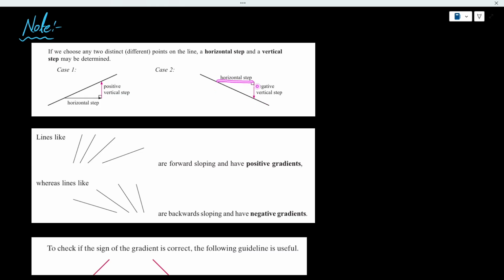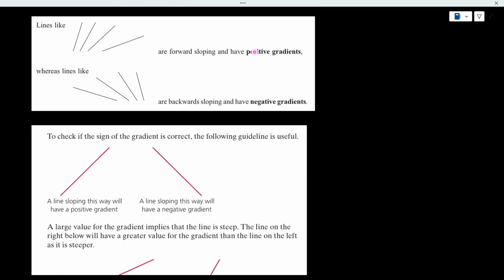Horizontal step is positive and vertical is going down, so it's negative. And negative divided by positive is always going to be negative. So you need to remember here that forward sloping gives positive, and backward sloping always gives the negative slope.